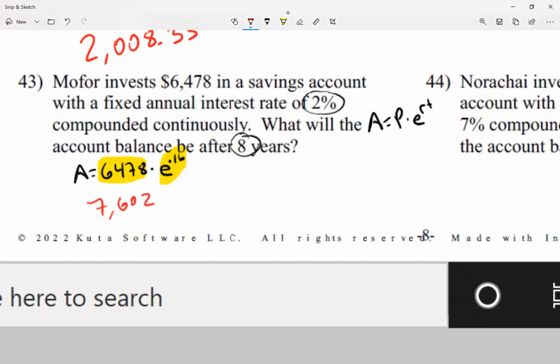In this case, my cents was basically 0, because on my calculator it came out as 0.003, so it's basically no cents. So 7,602.